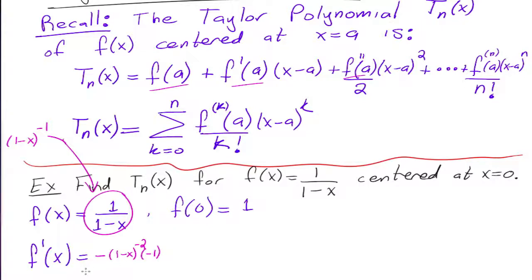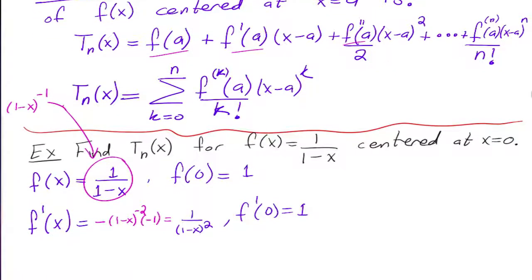And when you combine all that together, that is actually equal to positive 1 over 1 minus x squared, right? You guys agree? Because the negatives multiply and we move the 1 minus x to the denominator, yes? Okay. All right, so that's the first derivative. So what's the first derivative at 0? 1 again. Interesting.